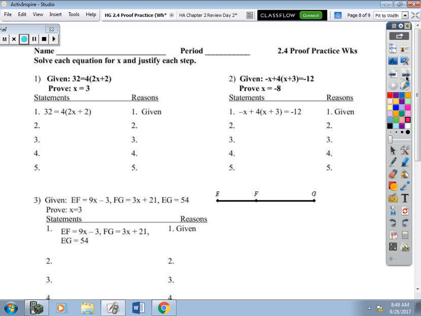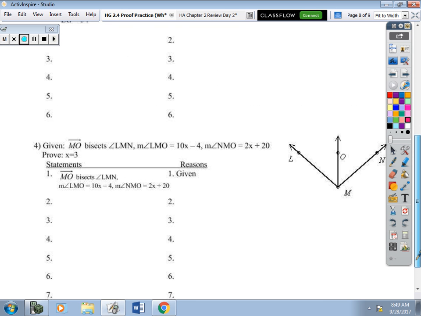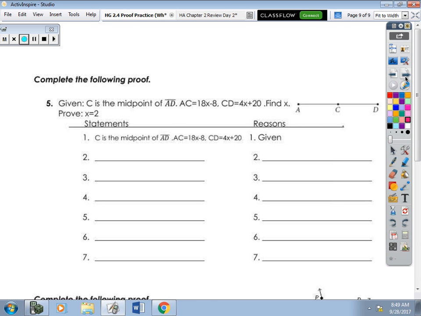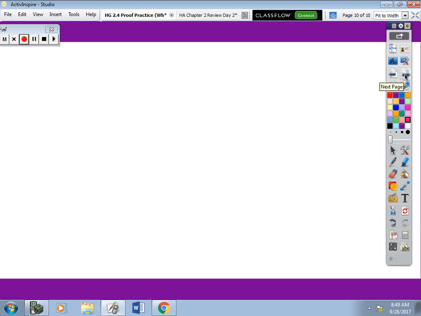That way if you have a question you can ask me. Okay, you still have to do numbers 1 and 2. You might want to start with some of the ones that have geometry stuff in it. Also make sure that you take any of the given and put it on the picture whenever you're doing these problems. If you guys want to move around and work with a friend, you may. And if you have questions, just raise your hand and I can come help you.